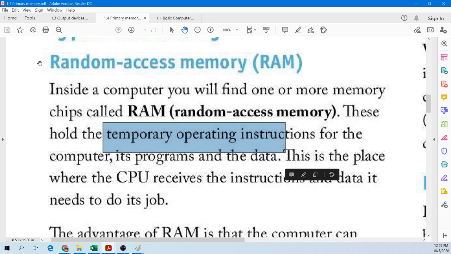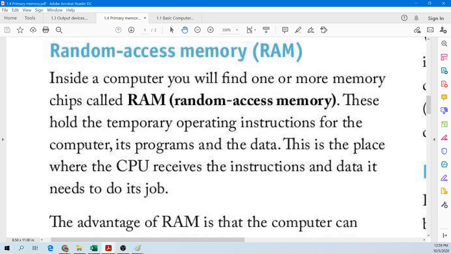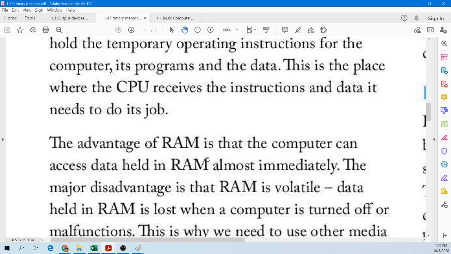It holds the data temporarily. But because it is faster than your hard drive, faster than your flash drive, we use RAM because it can get the instructions to the CPU almost immediately. That is why we use RAM.